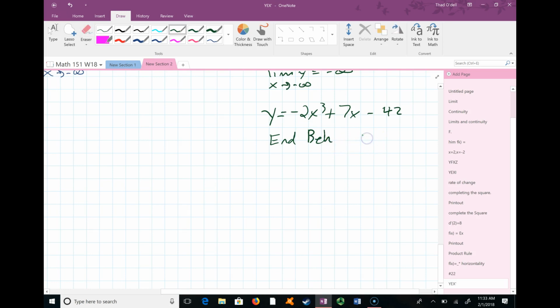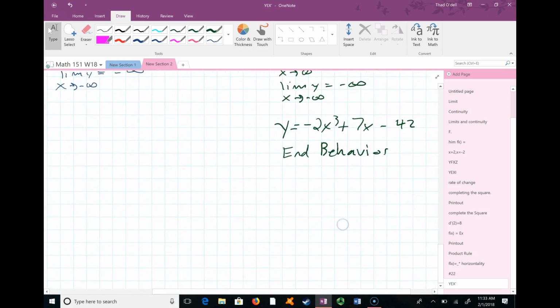The limit of y as x approaches infinity would be equal to, so as I'm going to the right, it is actually going to go down, and as I go to the left, it's going to go up. So by putting a negative out front in that leading coefficient, it just switches the two end behavior answers around.